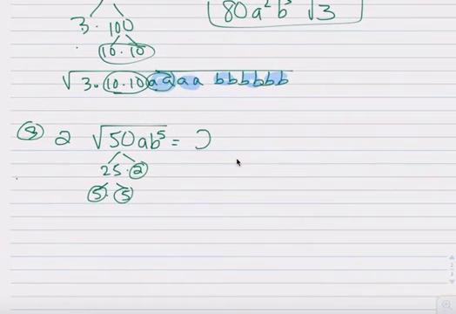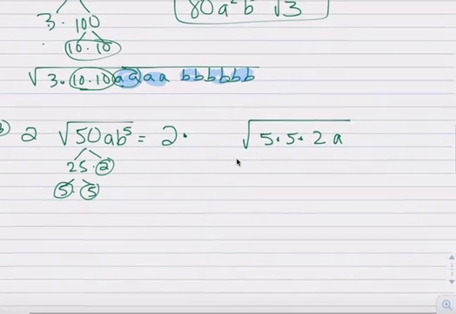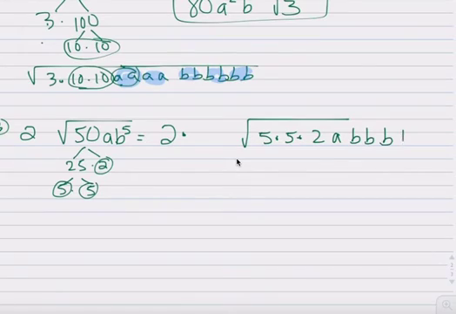So this is 2 times 5 times 5 times 2, A, and 5 B's. I got 1 set of 5 here, and 1 B squared.